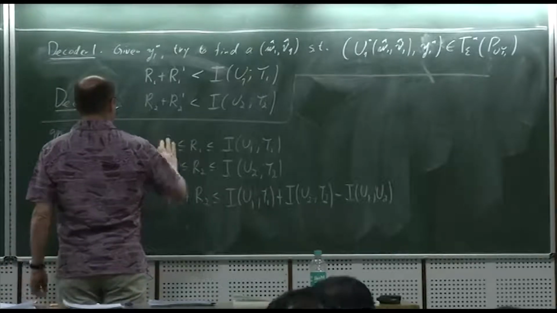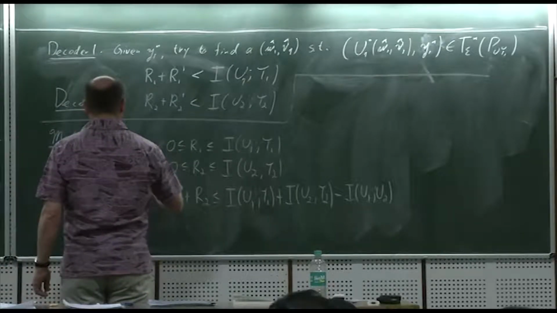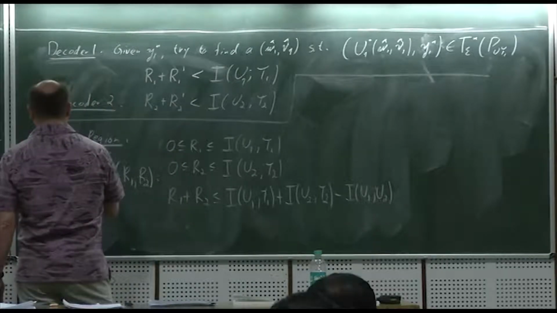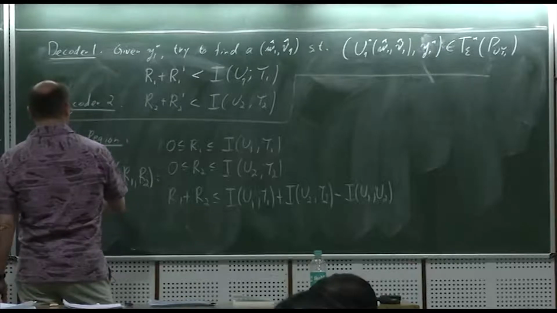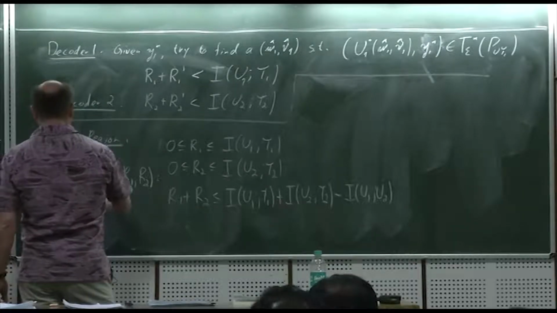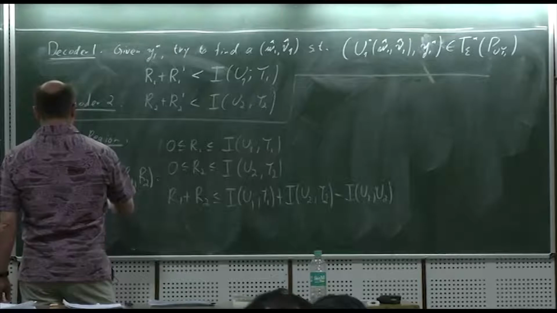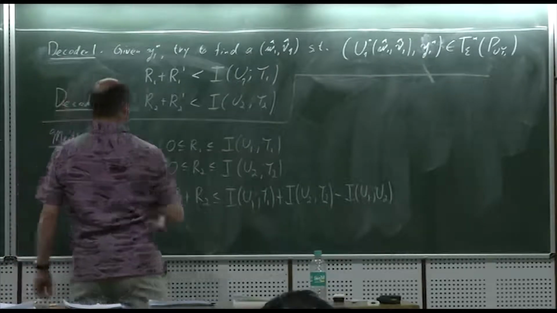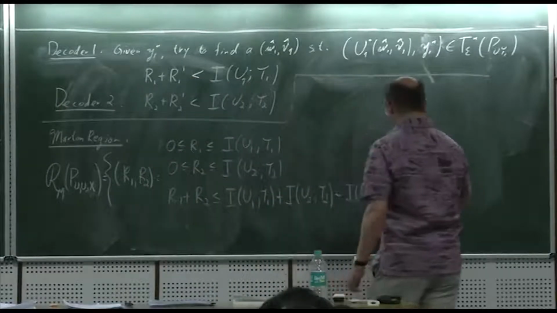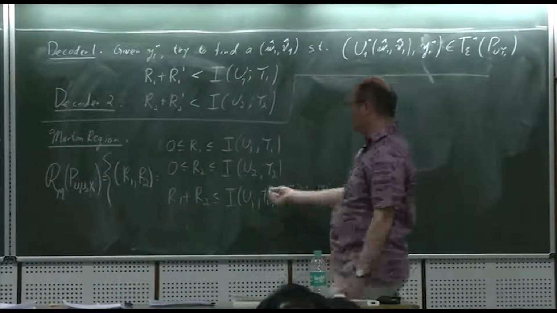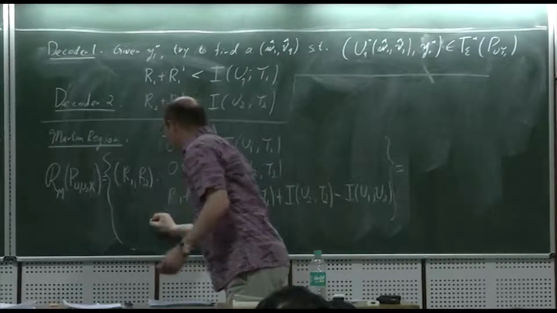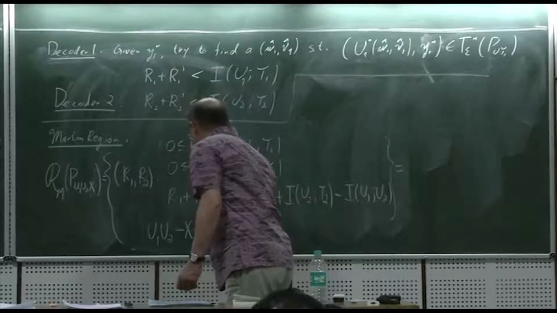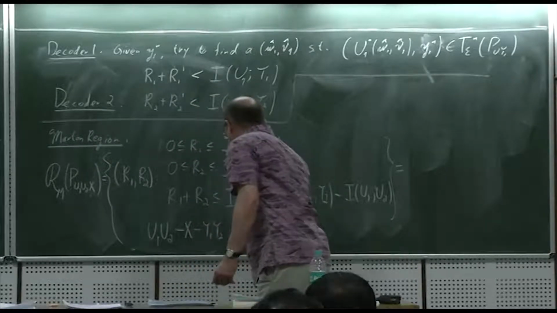Let's give this region a name. So let's look at all the rate pairs R1, R2, such that these inequalities are satisfied. We'll call it R_M for Marton, and what we'll have is U1, U2, and some function. So maybe I'll write it as a triple, p(U1, U2, X), is just this set. And what I also want in here, just to keep it clear, is that U1, U2, X, Y1, Y2 has to form a Markov chain.